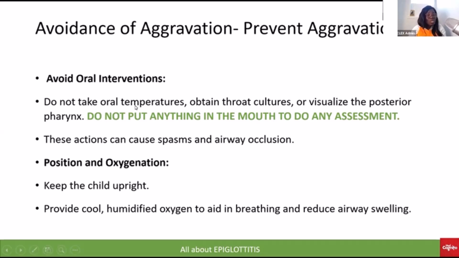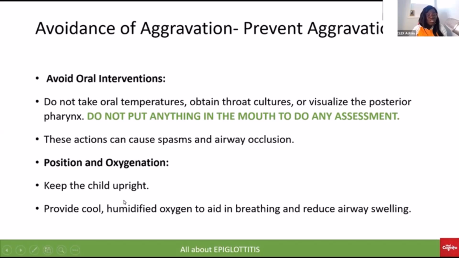So you are not going to take oral temperatures. No. You are not going to obtain throat cultures at that time. No. And you're not going to do any examinations and manipulations that you want to visualize the posterior pharynx. Do not put anything in the mouth for any assessment. These actions can cause spasms and airway occlusion.